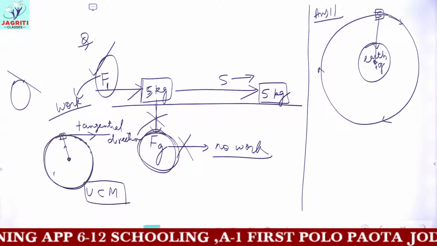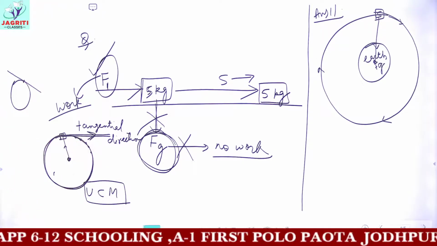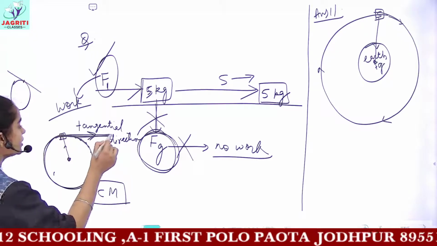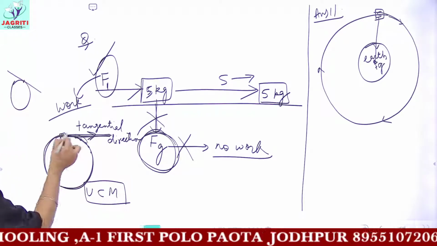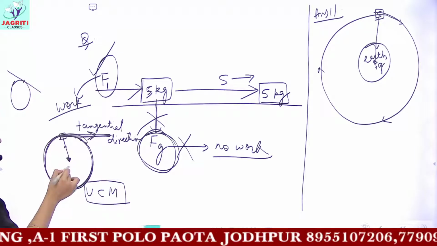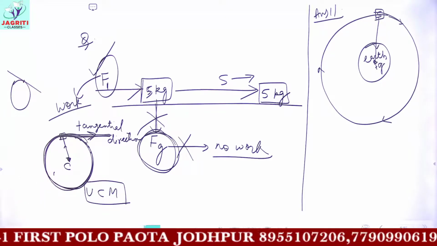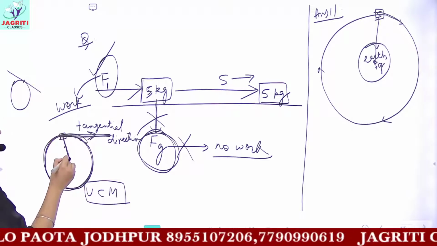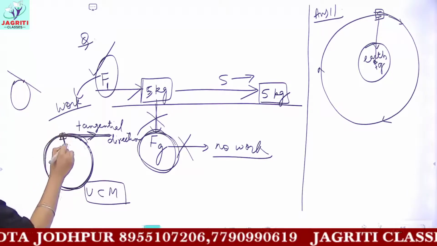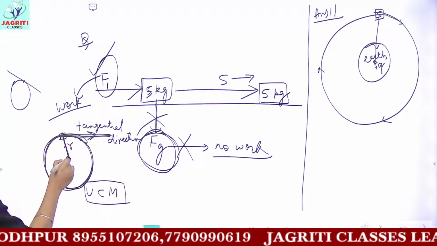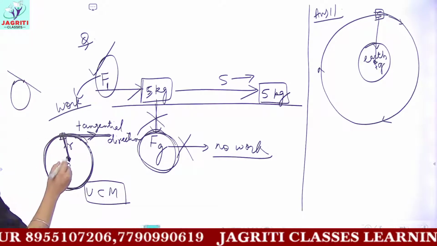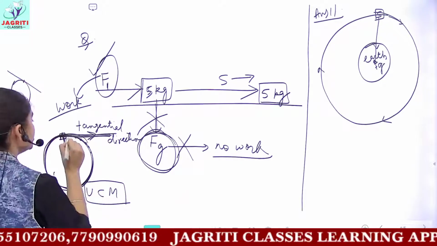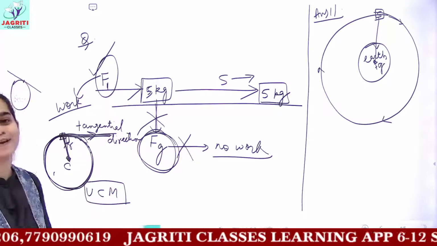If I consider this as a circle, this would be the center point. From the center to the circumference you have the radius, and this radius and the tangent always make an angle of 90 degrees.